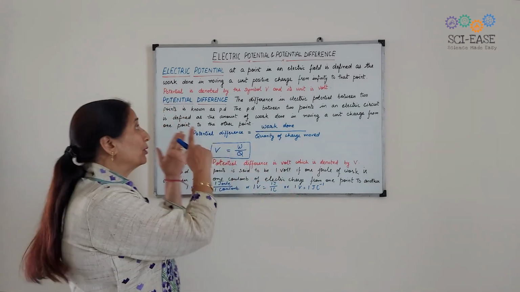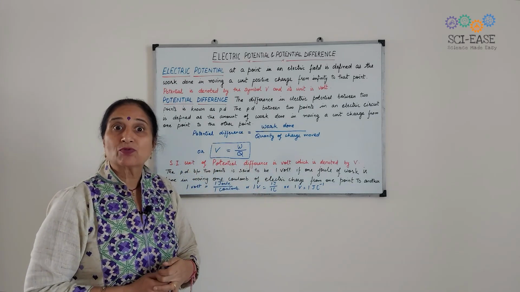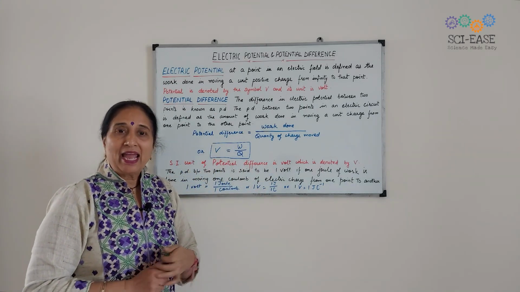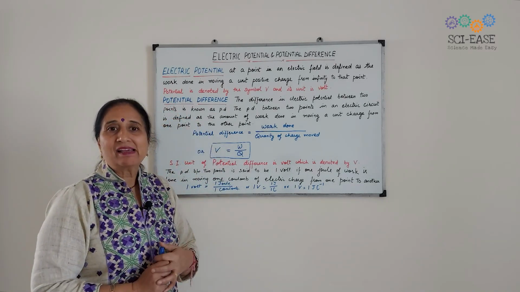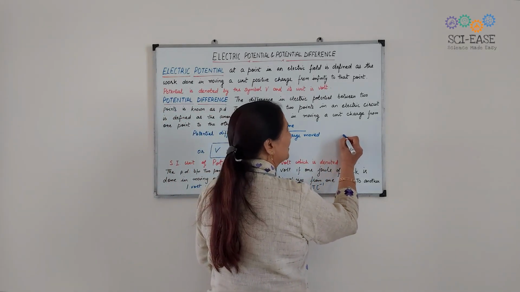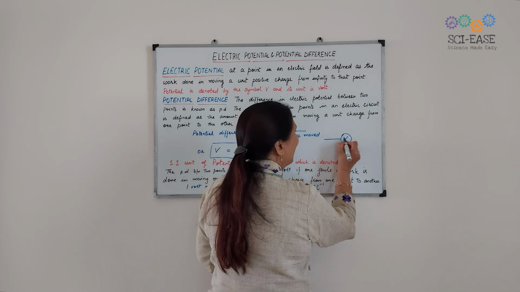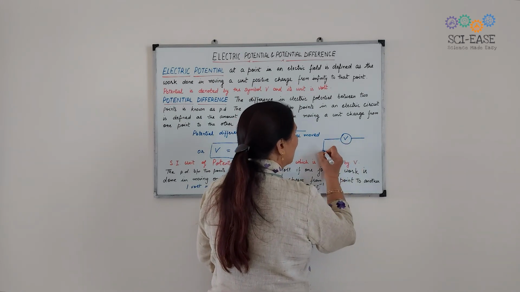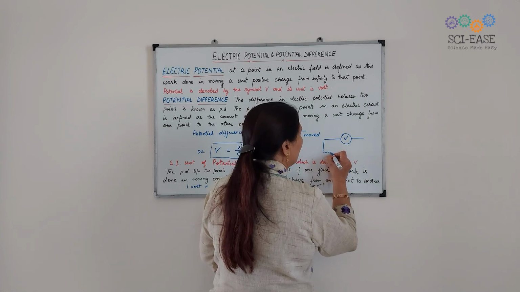Here the potential difference is measured by the instrument known as voltmeter. Ammeter is always in series in a circuit, but voltmeter is always connected in parallel.